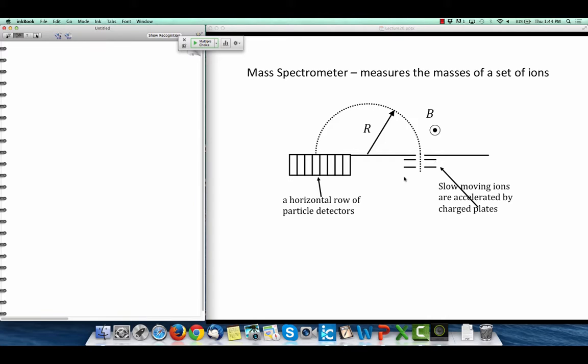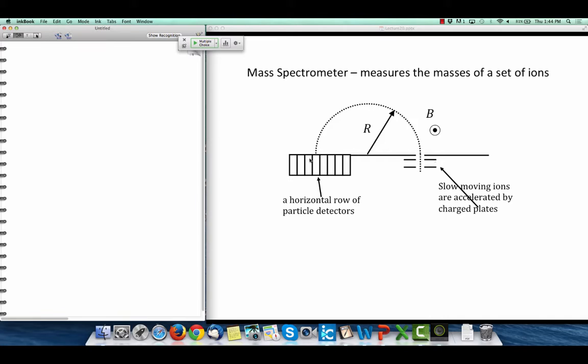What that produced was a bunch of particles that were moving at the same velocity. So if you accelerate particles with two plates at different potentials, and you select for a particular velocity, then what you end up with is a stream of particles coming into the mass spectrometer, and you put a magnetic field on them, and then they come around and they run into a detector.